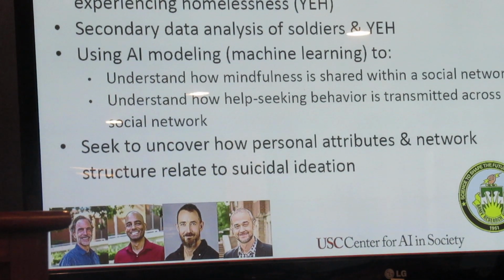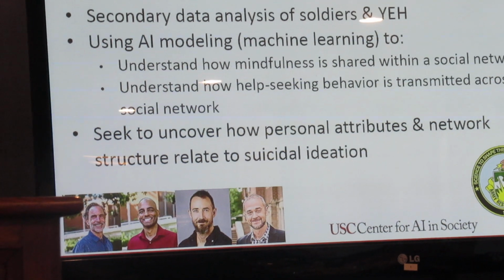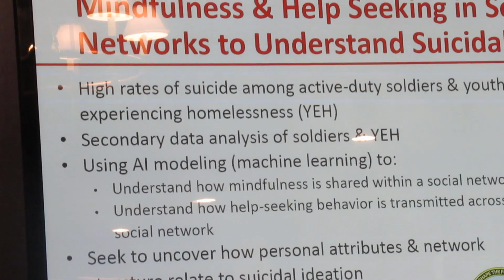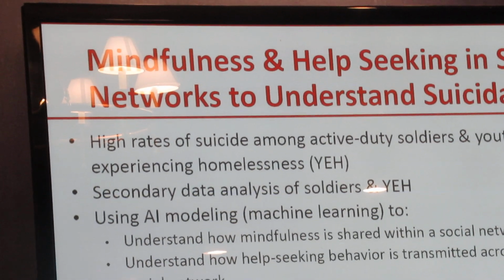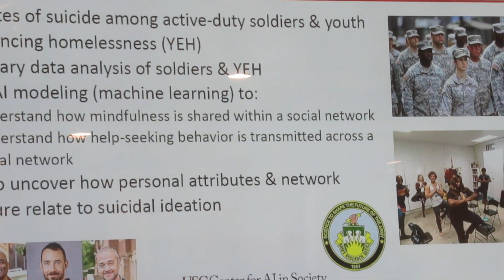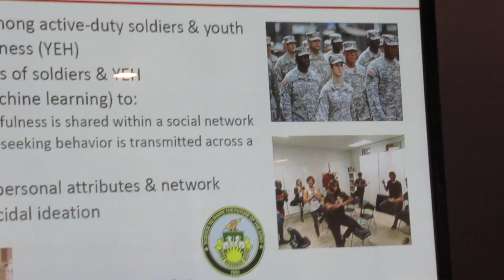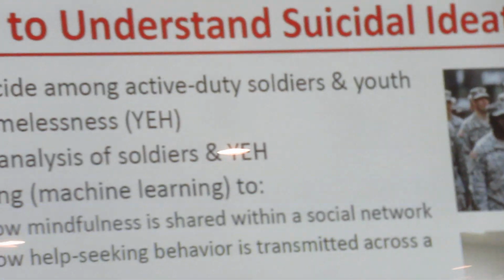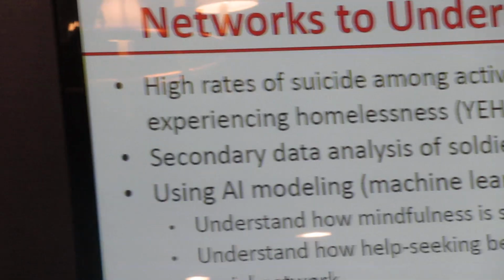And by using data-driven approaches and AI to improve our understanding and predictive powers, if I teach this person about mindfulness, how likely is he to spread that knowledge to their friends, and they spread it to others, and therefore have a larger impact across the community? We can really increase the intervention and propagation of these benefits.